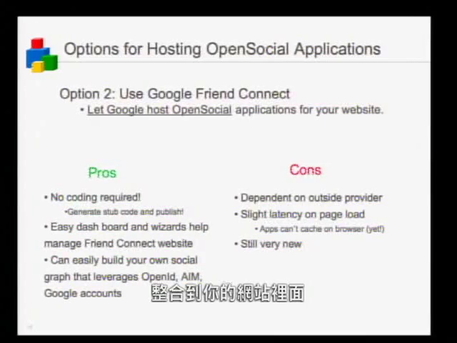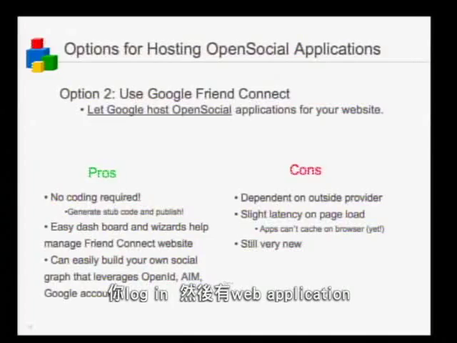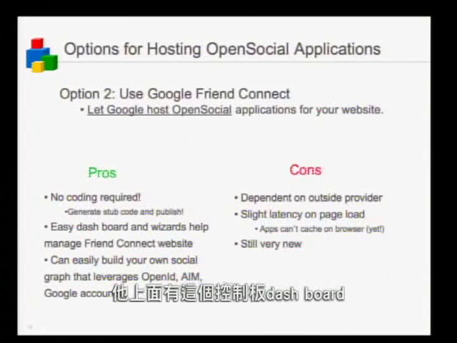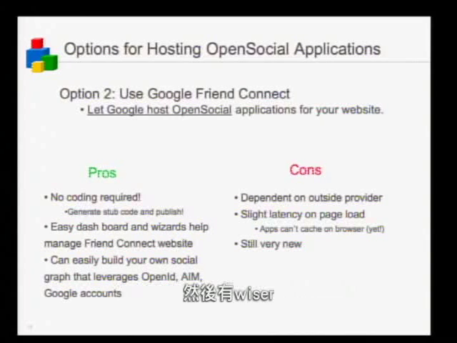What they can do is utilize the hosted service of FriendConnect, which is OpenSocial: simply log in, register a web application, and then from the dashboard or the control panel on the website, they can generate small bits of code that they can insert into their web page.